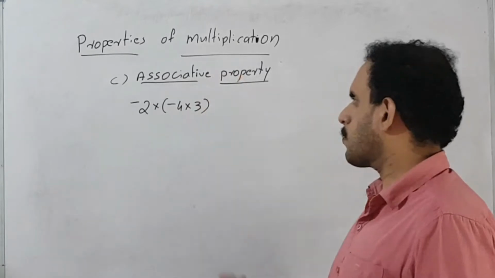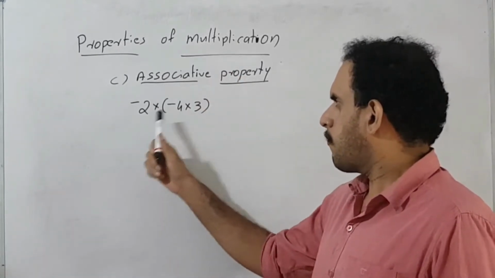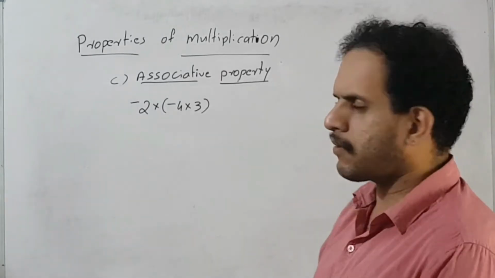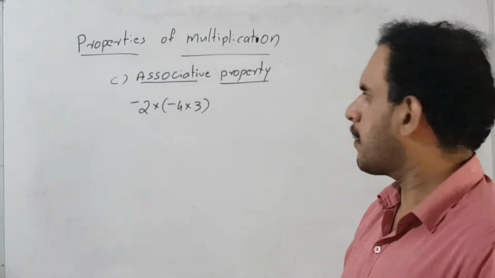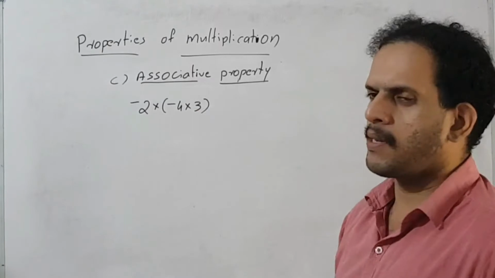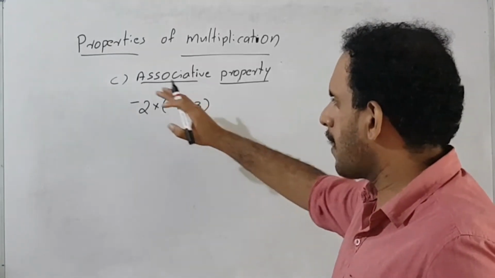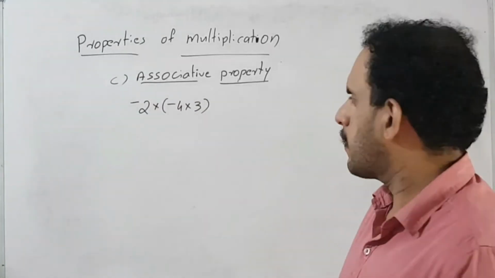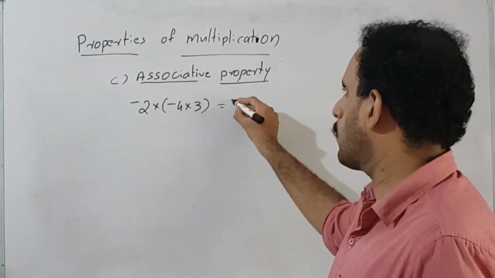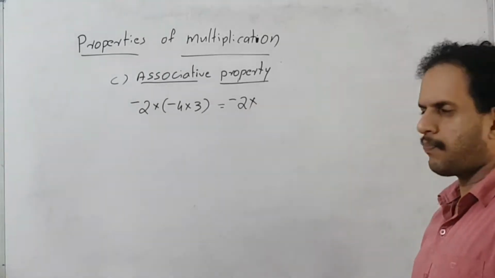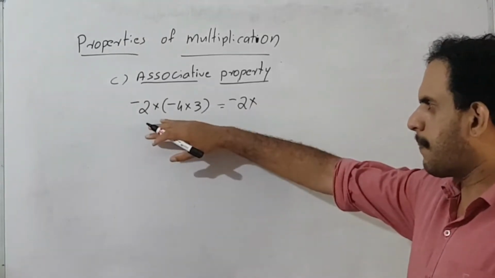Then for the associative property we choose the numbers minus 2, minus 4 and 3. First I pair the numbers minus 4 and 3. That means I am multiplying first the numbers minus 4 and 3 and then minus 2. Okay. Then what do we get as the result? It is minus 2 into (minus 4 into 3).